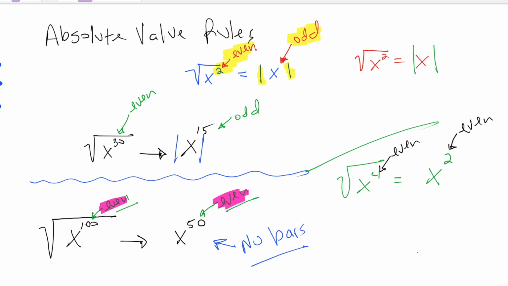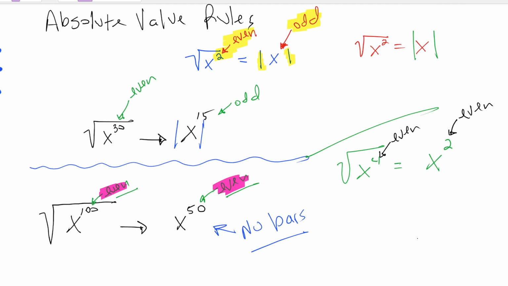So if you go from even to odd, which one is easier for you to do? Which one might you have gotten right if they never taught you a rule? The even odd scenario or the even even scenario? Even even. So you can remember that this is the one that makes you happy.